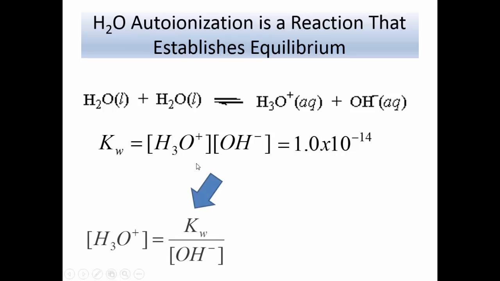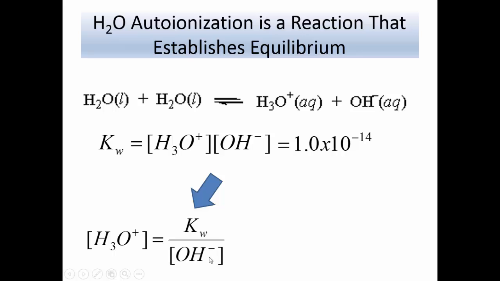If you somehow specified the hydroxide ion concentration, then you would automatically be able to calculate the hydronium ion concentration from it. And you can see an inverse relationship between the two.